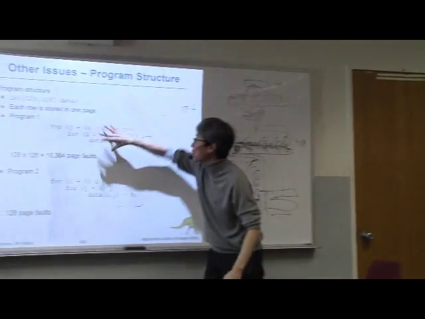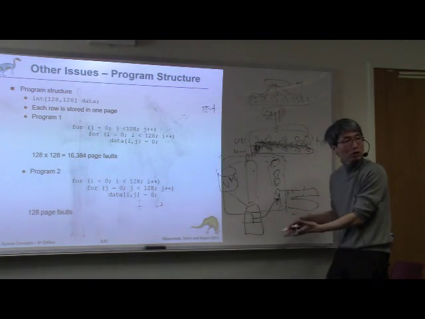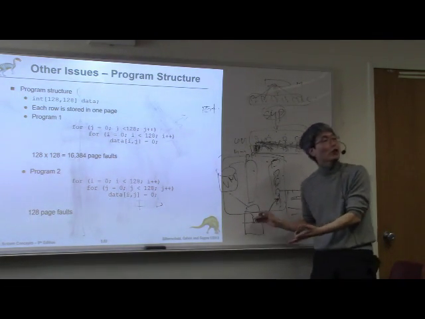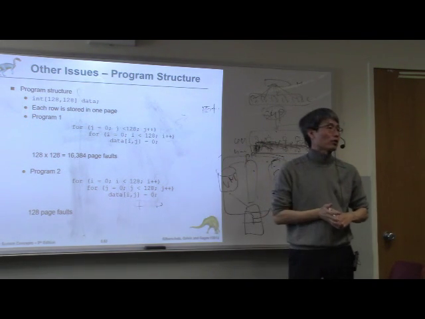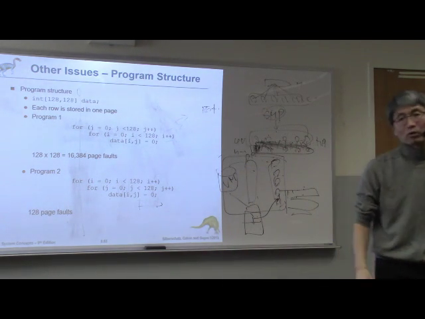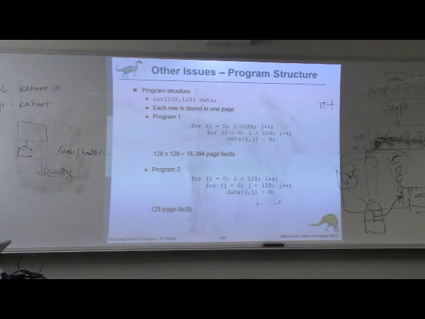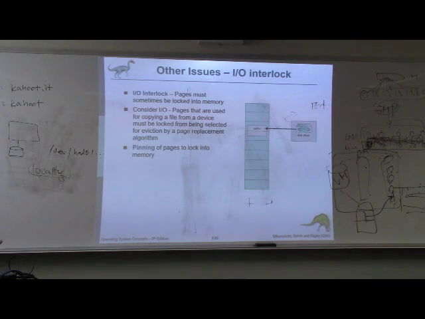However, if you access the opposite way, J is here, but every time you need to access the data, that will cause page in and out. So it's not continuous pages. Because of that, in your programming, not only this one, there are several other things. You can find very nice articles on how to optimize your program by considering such things.